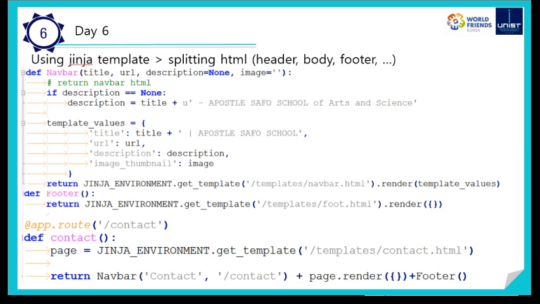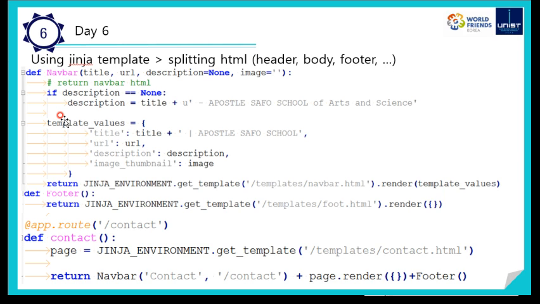So if we put this together, you can split HTML. Like if you have a navbar in your web page, and the body part, and you want to put a footer in the HTML, then every time you make HTML, you have to put all this duplicate header and footer inside your single HTML for a specific URL.